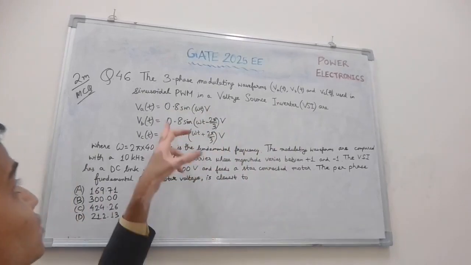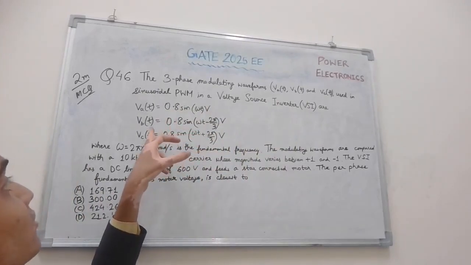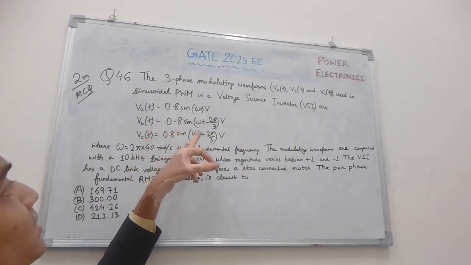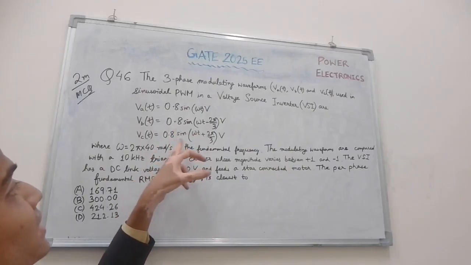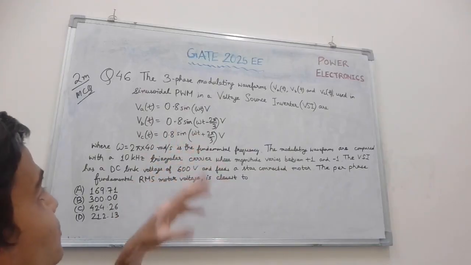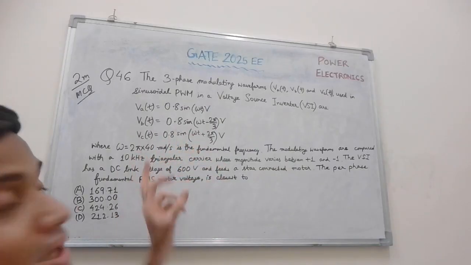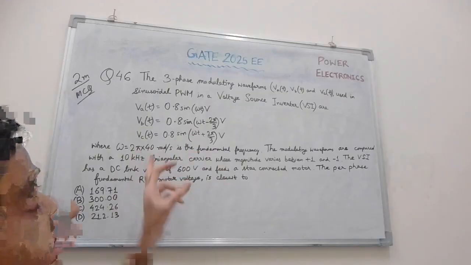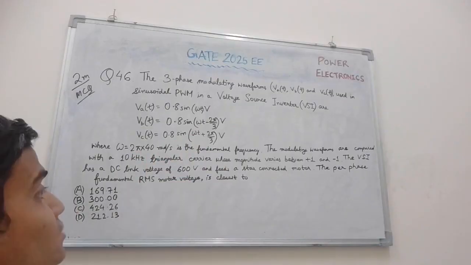VA(t) is 0.8 sin omega t volt, VB(t) is 0.8 sin(omega t minus 120 degrees) volt, VC(t) is 0.8 sin(omega t plus 120 degrees) volt, with a triangular carrier of magnitude plus 1 and minus 1.